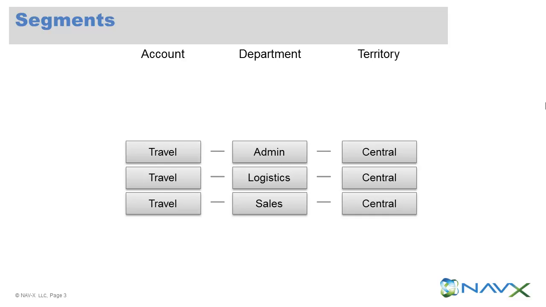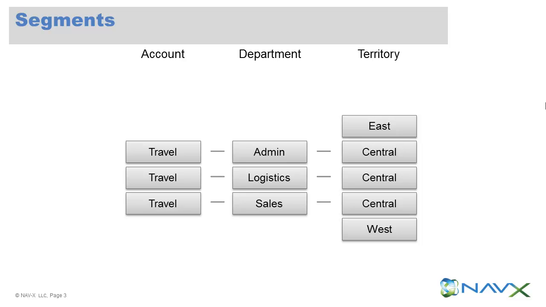That requires us to have 3 separate entries of the combinations possible: travel admin central, travel logistics central, travel sales central. But it can very quickly get complex and muddy up your General Ledger chart of accounts when we start adding additional dimensions like 3 territories.